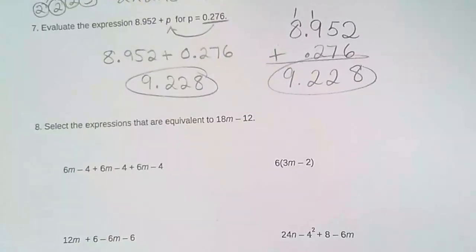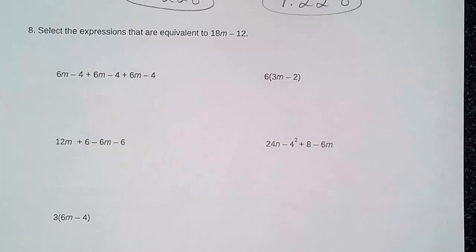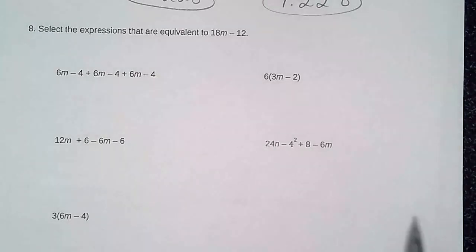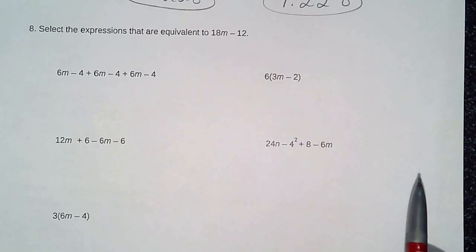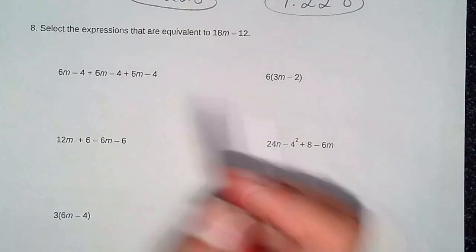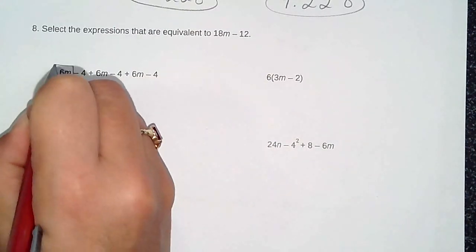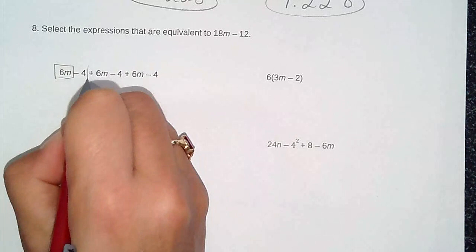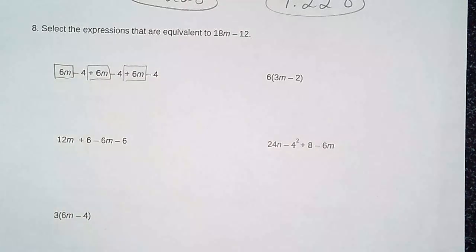Okay, number 8. Select the expressions that are equivalent to 18m minus 12. So here, this is where we want to combine like terms and distribute. So I have 6m, 6m, 6m.